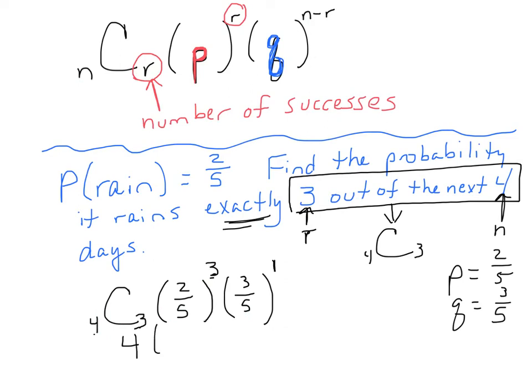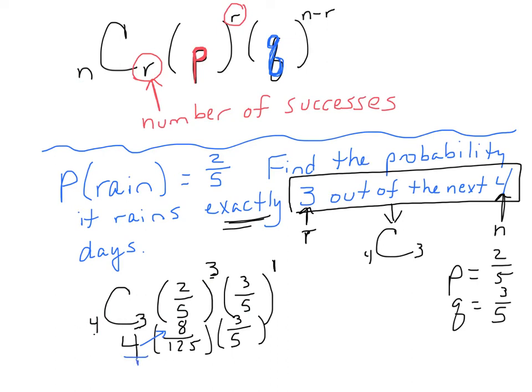If I take my 2/5 to the third power, that will give me 8 over 125. And 3/5, of course, to the first power is only 3/5. Now again, remember, when you're multiplying this 4 is part of the numerator product because it's technically over 1.